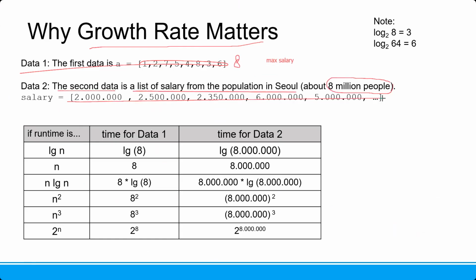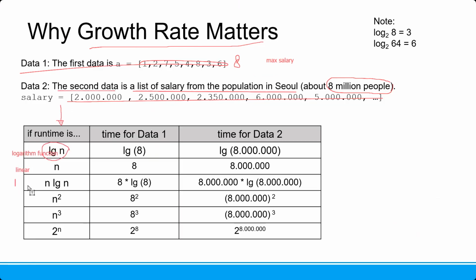So if you have your algorithm, how can we calculate the growth rate? Let's check. You already know the algorithm. This is the logarithmic function. This is the linear function.